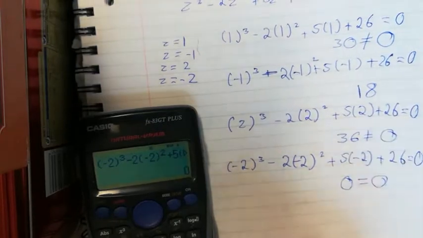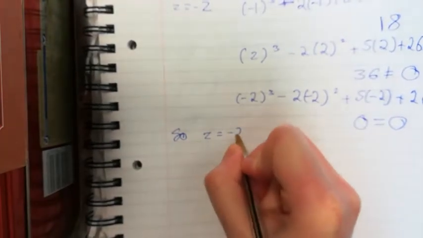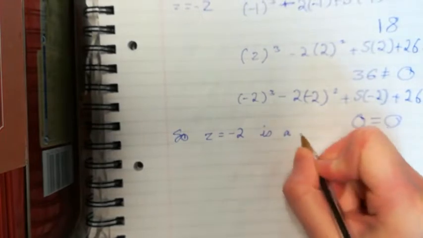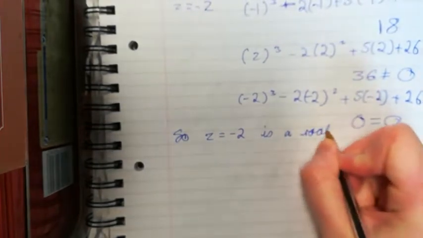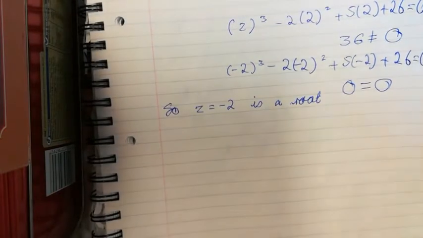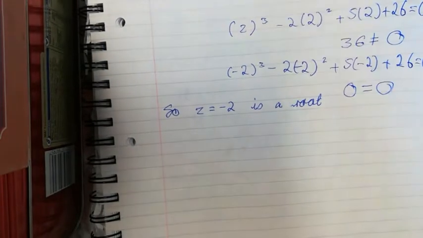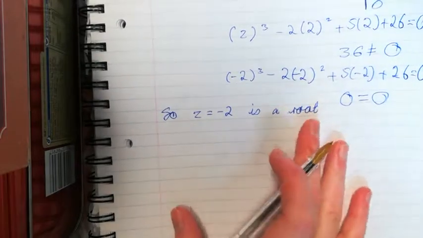So z equal to minus 2 is a root. Now that I've figured out that z minus 2 is a root, I can go and divide my equation by it.